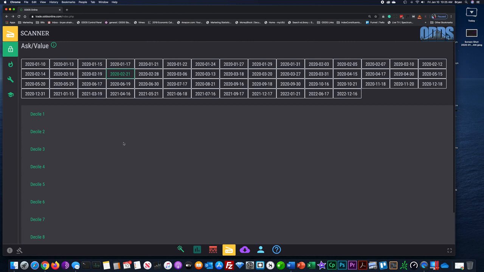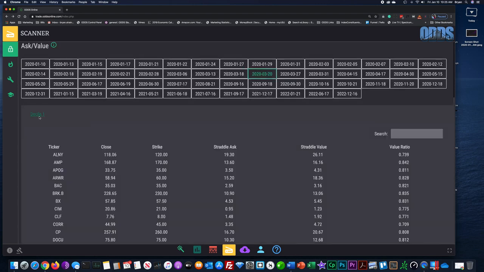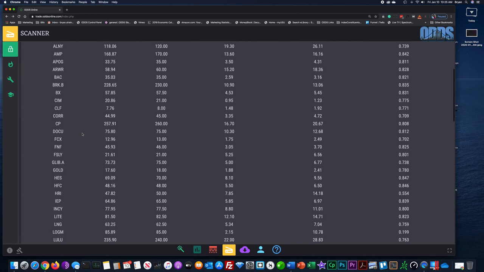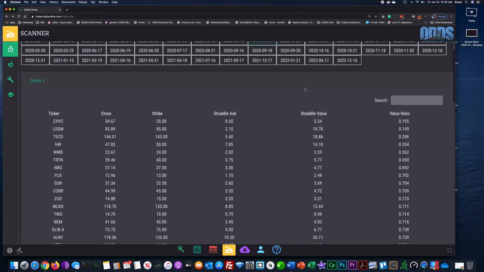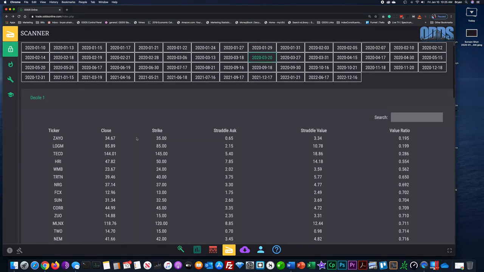If I want to do this scan for a different date, if I was looking out to March options, I could click on March and I instantly have the list right here, and I know which options are cheap for March. So I know how to get the best deal if I'm buying and if I'm selling.